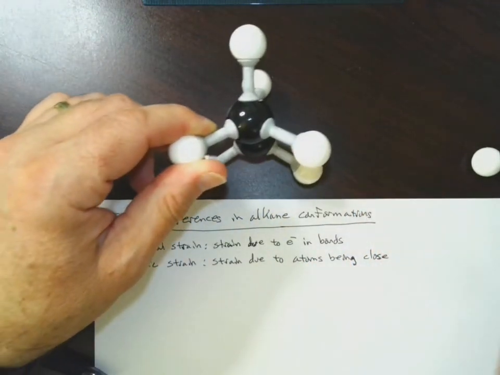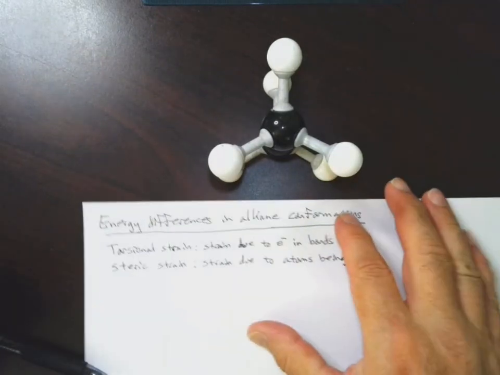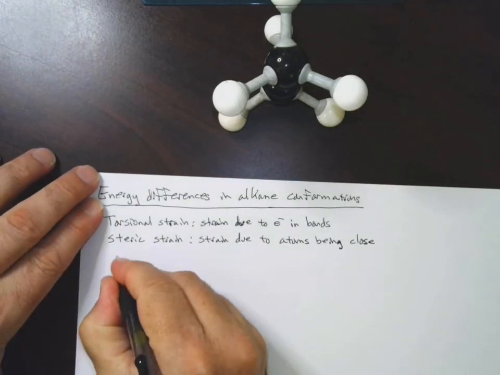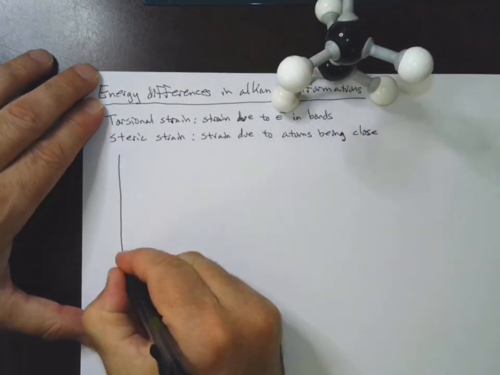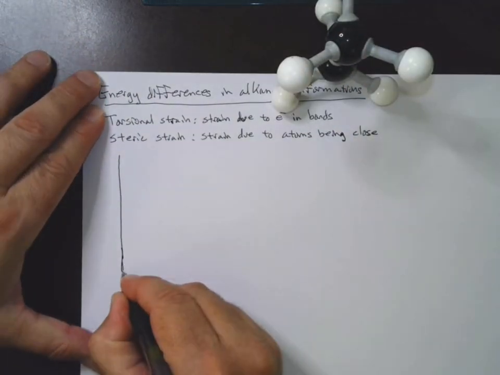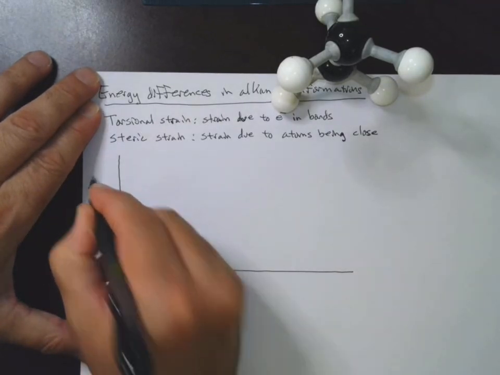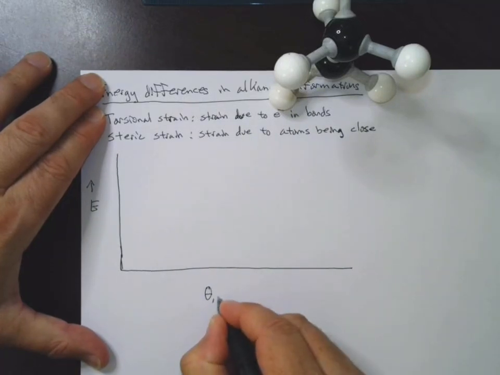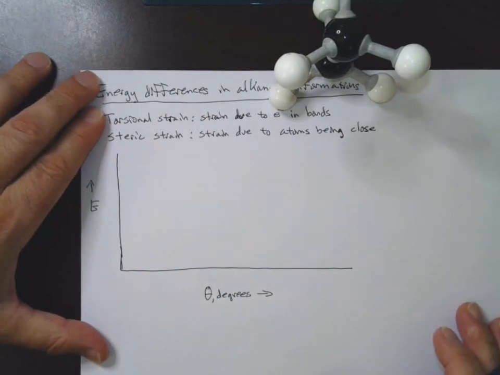So let me put away my orbital model here. Let's take a look then, and we'll go ahead and make a plot. We'll put energy on the y-axis and theta in degrees on the x-axis.